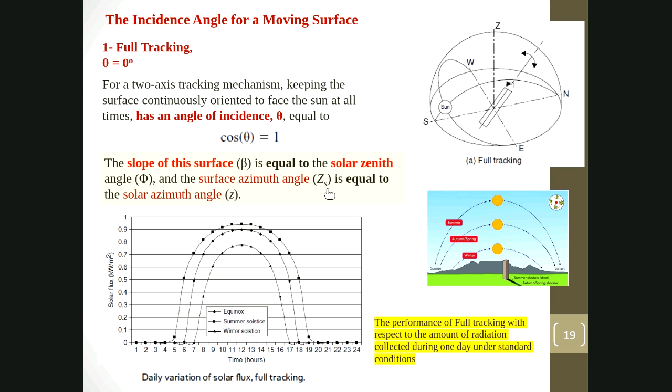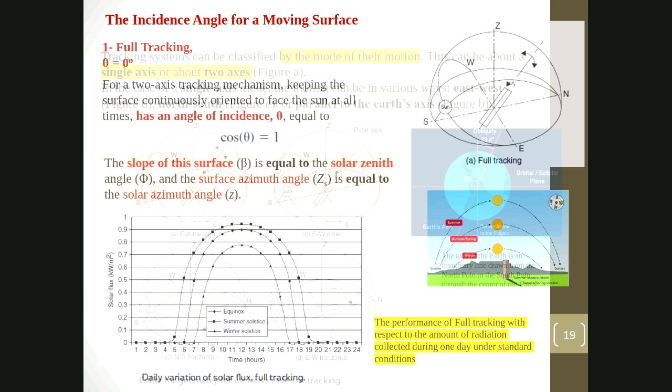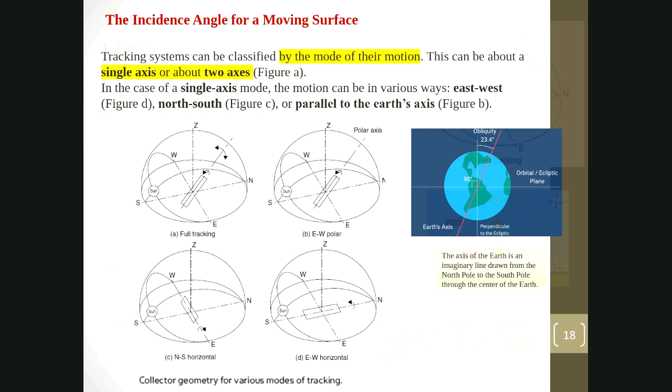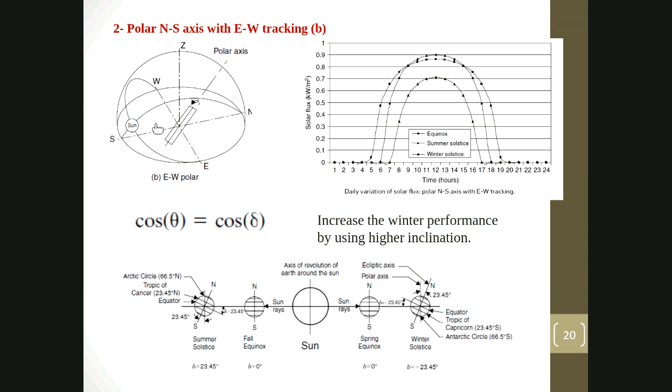Okay. For the others, this is for full tracking. If I'm talking about this one, it only depends on the declinations. So you put your collector axis towards the polar axis, and you care about the incident angle.